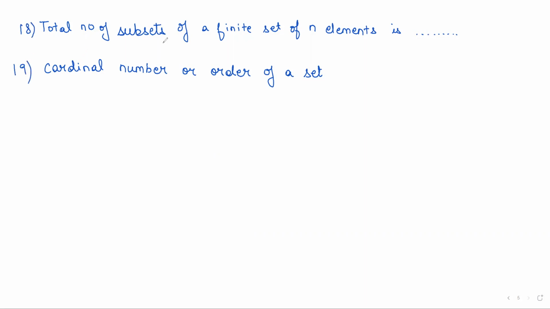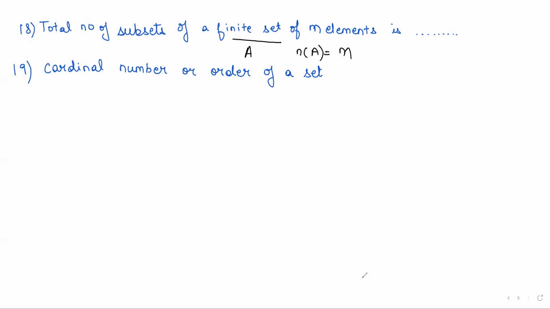Formula: total number of subsets of a finite set of n elements. Let's consider A to be the finite set. So the finite set that we're discussing is A. Finite set of n elements means n of A is equal to n.